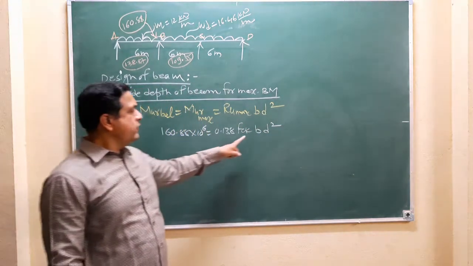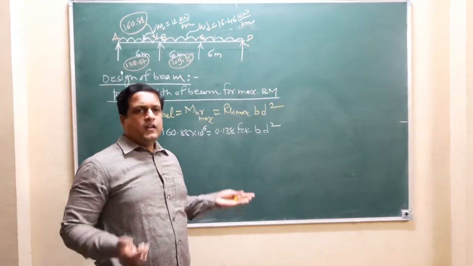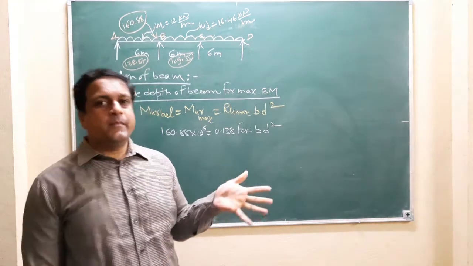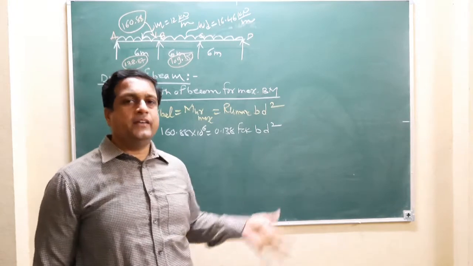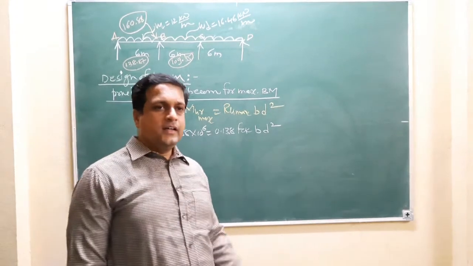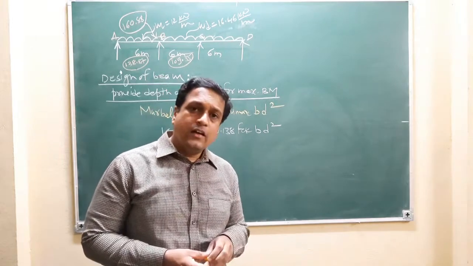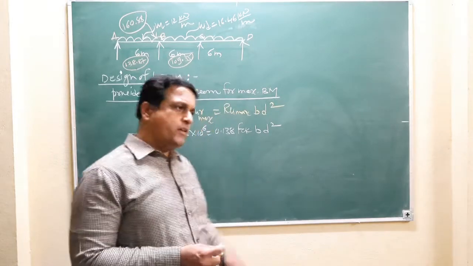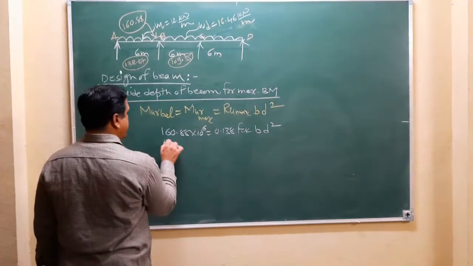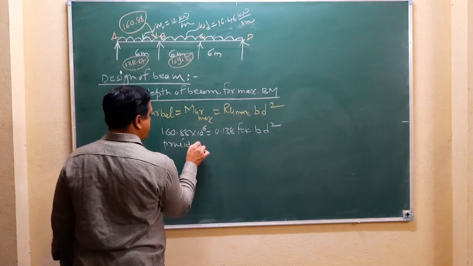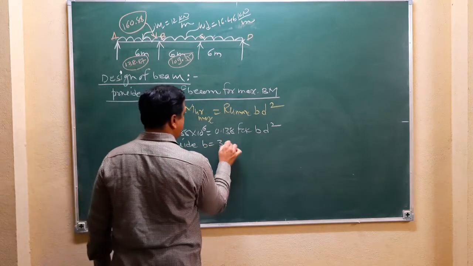So what about the width of the section? The wall width is 300 mm. Generally in practice, the same width as the wall is provided to the beam. So provide a width of the section of 300 mm.